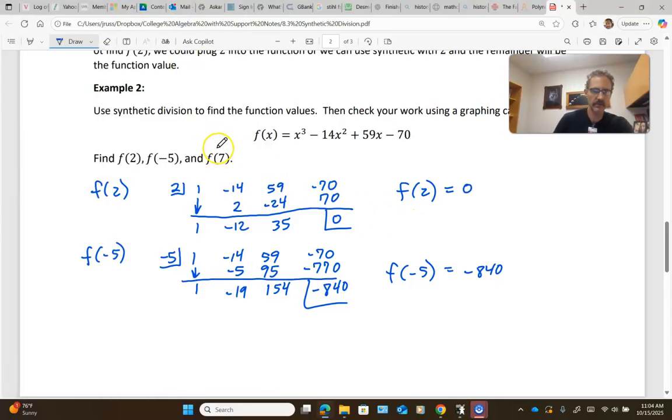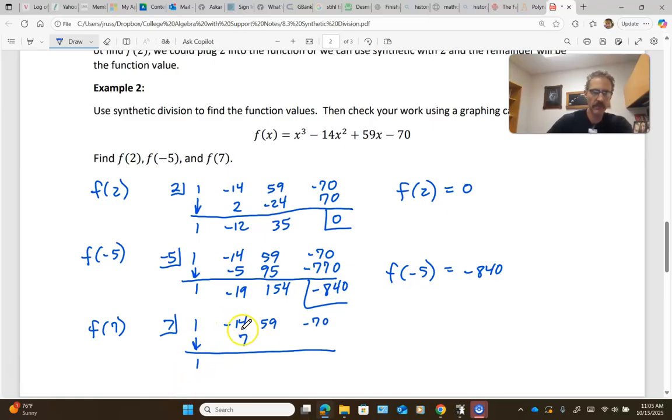Alright, we'll do the last one. F of 7. So what's the function value when x is 7? Well, I'll do it the same way using synthetic division. Drop down my 1. 7 times 1 is 7.